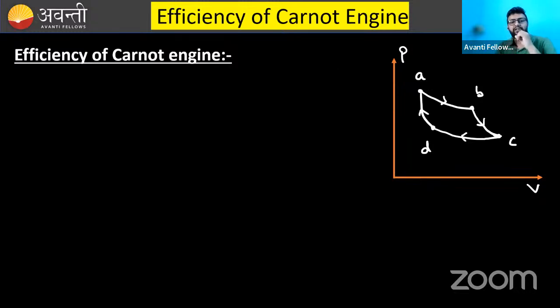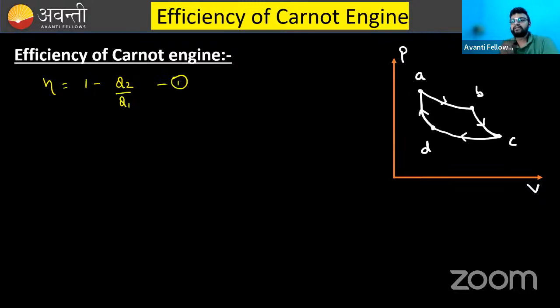So, what is the efficiency of a Carnot engine? In the previous class we discussed that in a cyclic process, the efficiency is 1 minus Q2 by Q1.